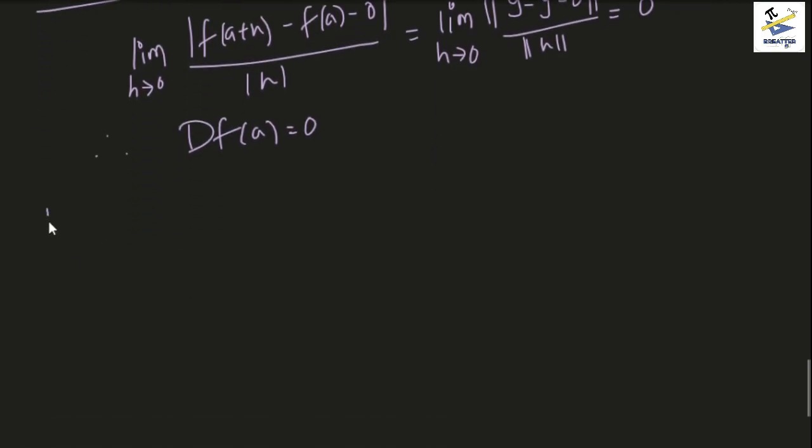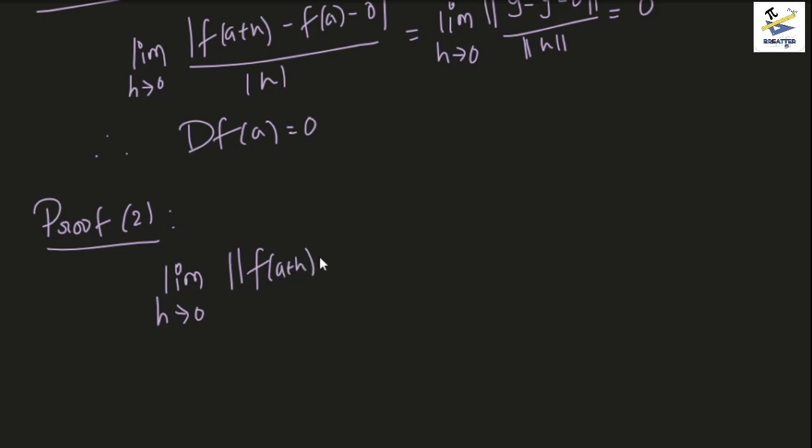Number 2. Since f is the linear transformation here and we want to prove that the derivative is itself, we can say the following limit: f of a plus h minus f of a, and this answer should be f of a into h, right?